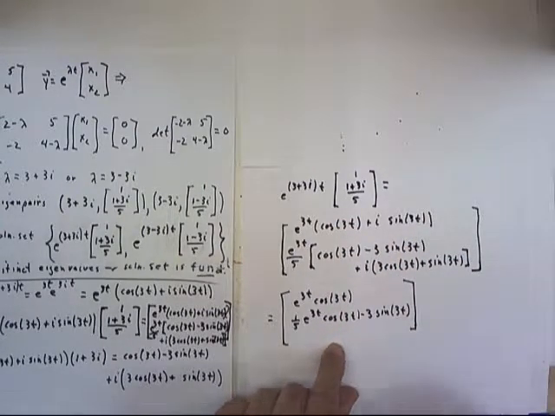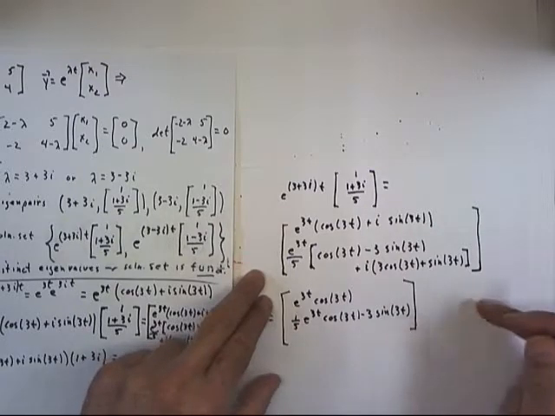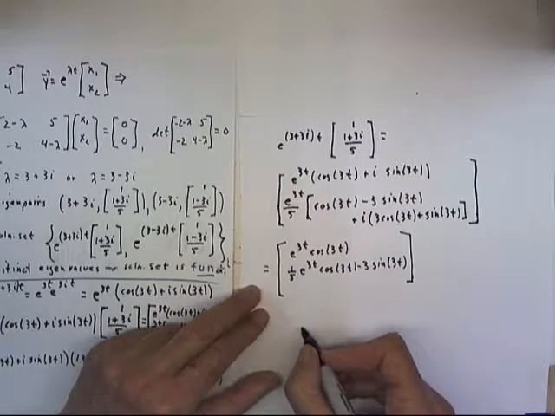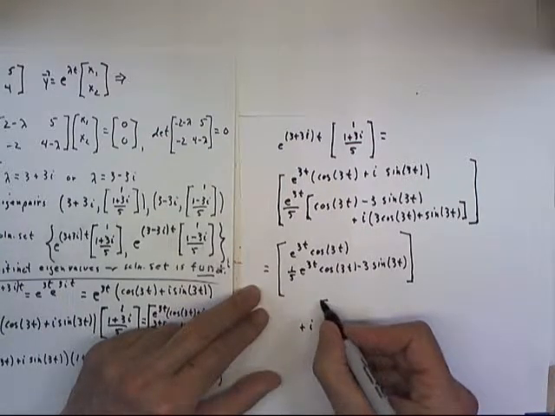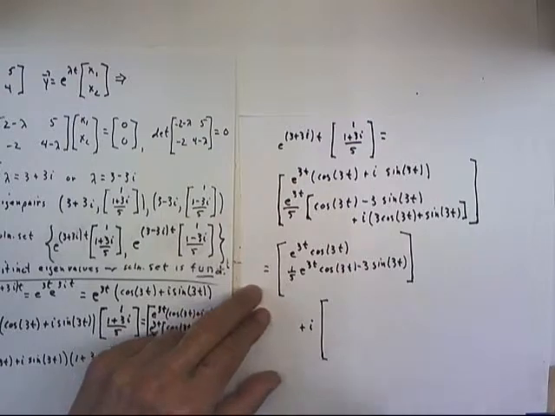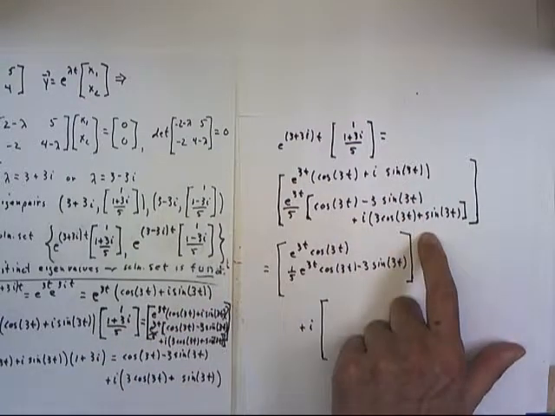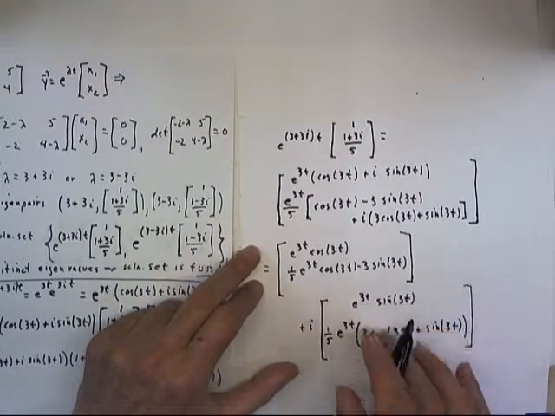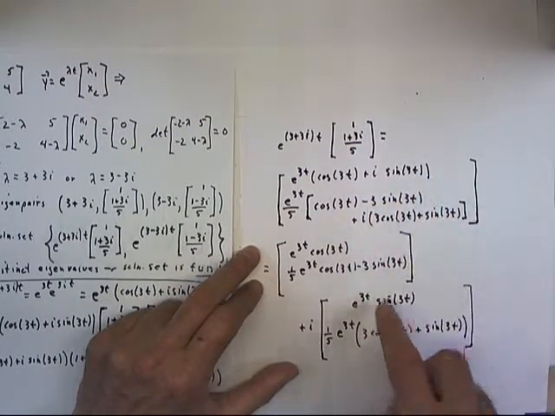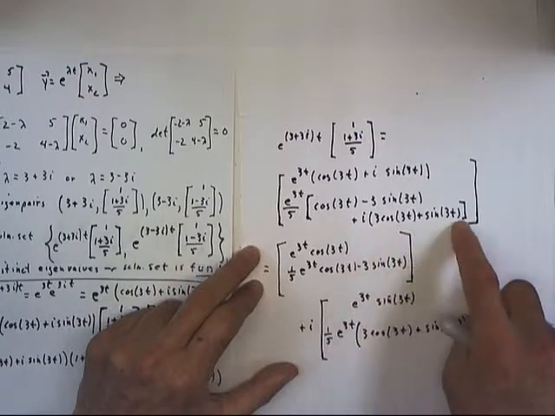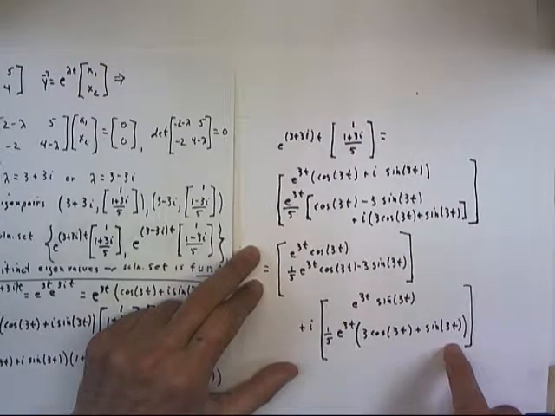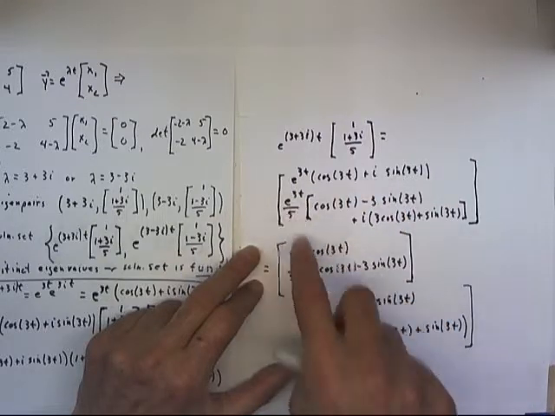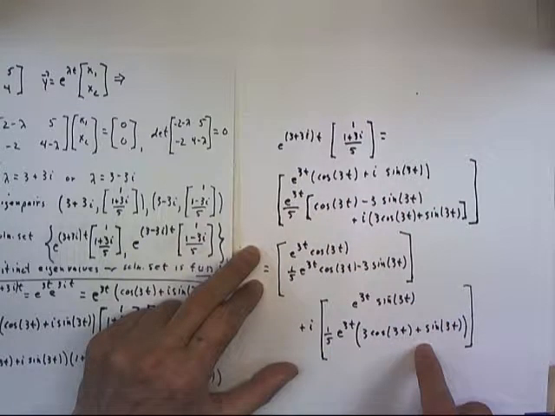And then it's going to be, and I'm not going to have room to write it over here without bunching it up, so I'm going to write plus i multiplied by the imaginary parts of these two components. And writing those components out, the sine of 3t here, the 3 cosine 3t plus sine of 3t here, along with our e to the 3t coefficient here and our e to the 3t over 5 coefficient here.